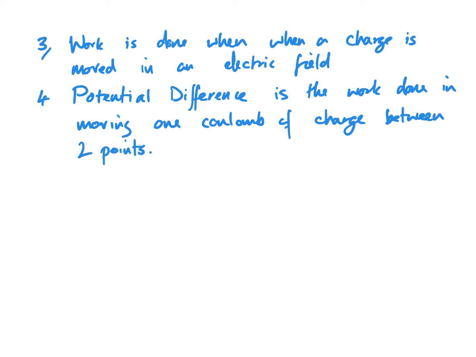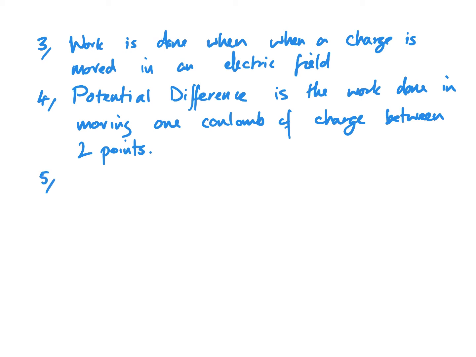Now if you struggle to remember that, you have a formula, which will come up in the next couple of learning outcomes. But basically, potential difference V, you can rearrange the formula as W divided by Q, the work done per unit charge. So remember, you can use formulas.